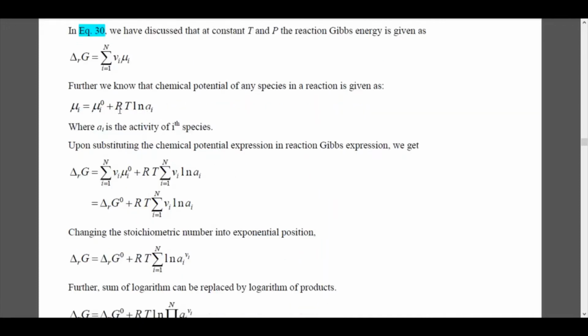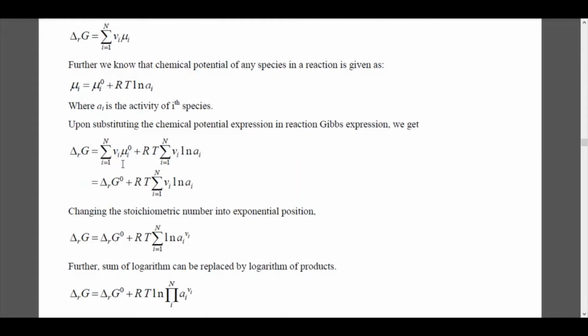Then upon substituting this chemical potential in the reaction Gibbs energy expression, we get delta Rg is equal to sum over Vi mu i0, where mu i0 is the standard state chemical potential, plus RT sum over Vi ln ai.